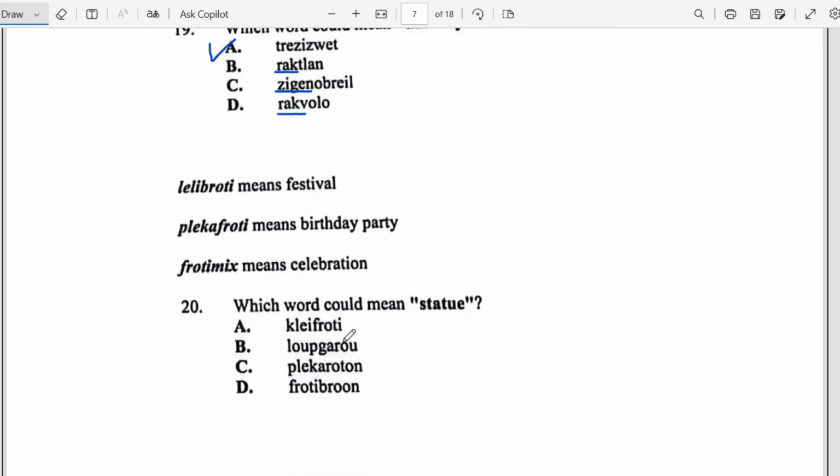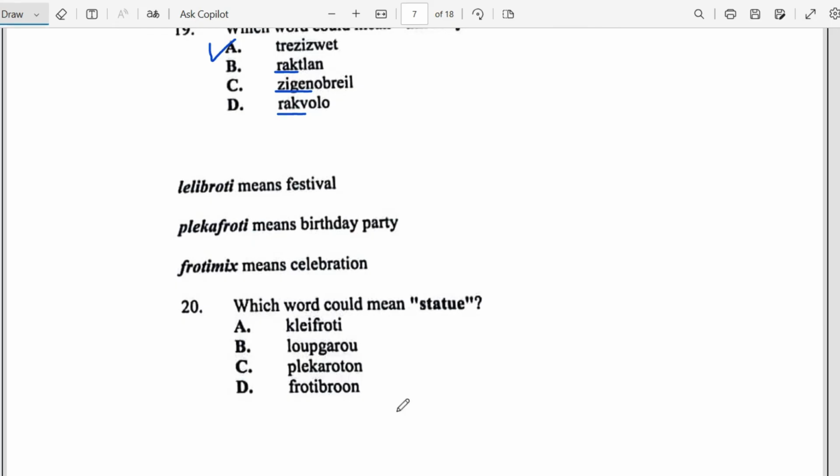And let's look at the final question. Again, this is an artificial language without the word being in the artificial language, and we're going to do the same thing like what we just did to see how best we can find the correct answer. All right, so these words here mean festival, and plekafrati means birthday party, and frati mix means celebration.